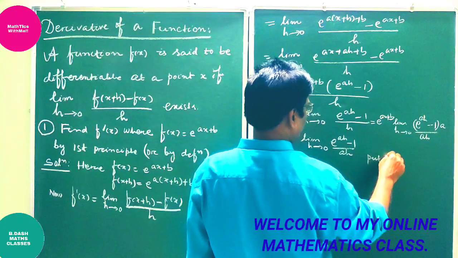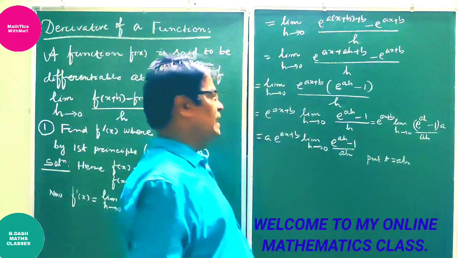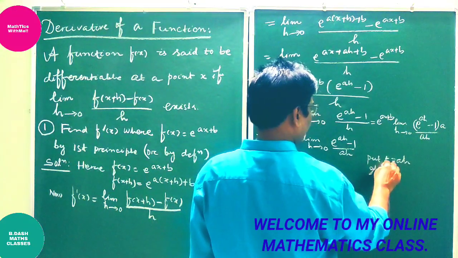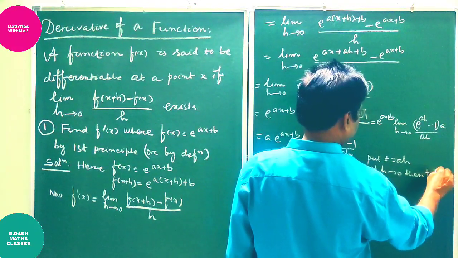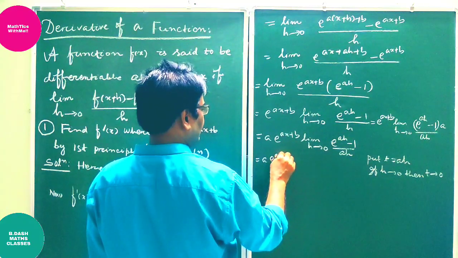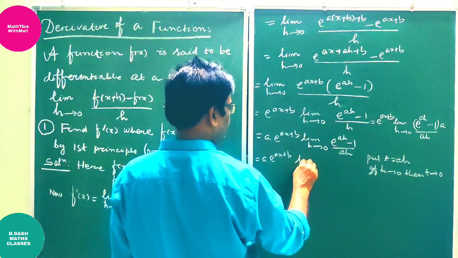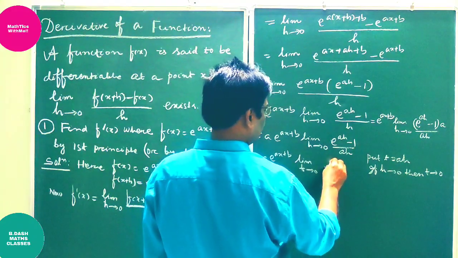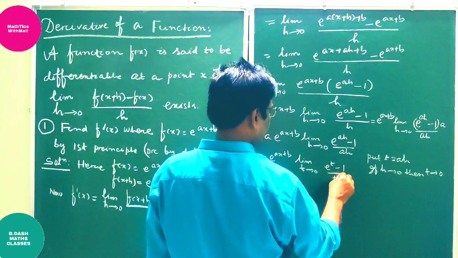Put t is equal to a h. If h tends to 0, then t tends to 0. So this becomes a e to the power a x plus b limit t tends to 0 e to the power t minus 1 by t.